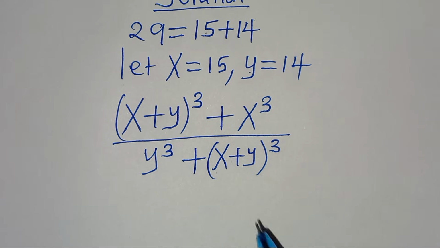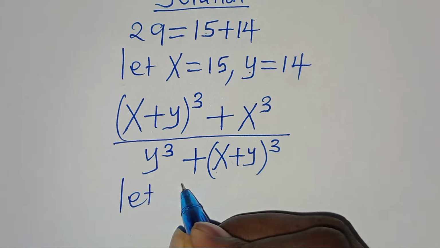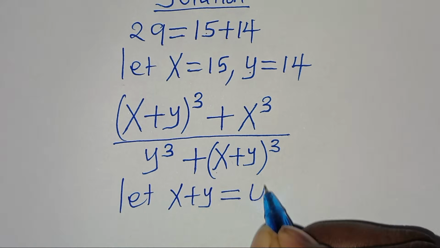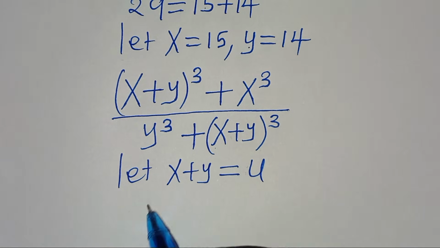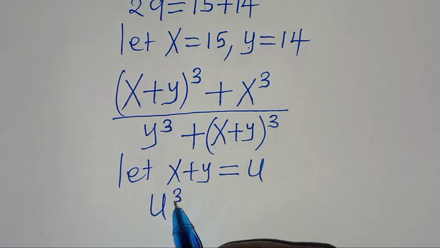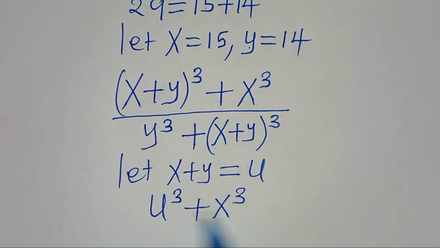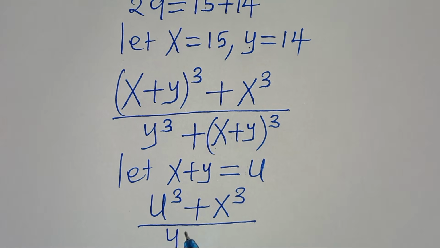Now, the next step from here, we can let x plus y be equal to u. Let's substitute x plus y with u, so that now we have u to the power of 3 plus x to the power of 3 in the numerator, divided by y to the power of 3 plus u to the power of 3.